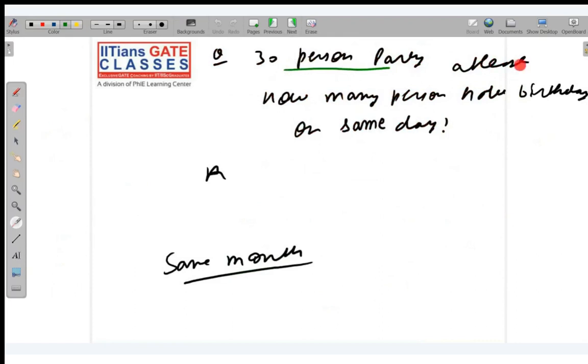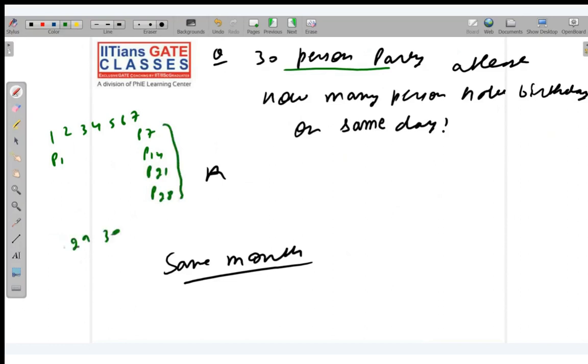Next is: 30 persons in a party, at least how many persons have a birthday on the same day? That is the question. So it's again like that, only 30. We will consider the worst scenario. 7 days are there, and 30 persons are there. So we will try to divide them. Person 1 up to person 7 are over, then person 14, then person 21, and then person 28, then 29, and then 30.